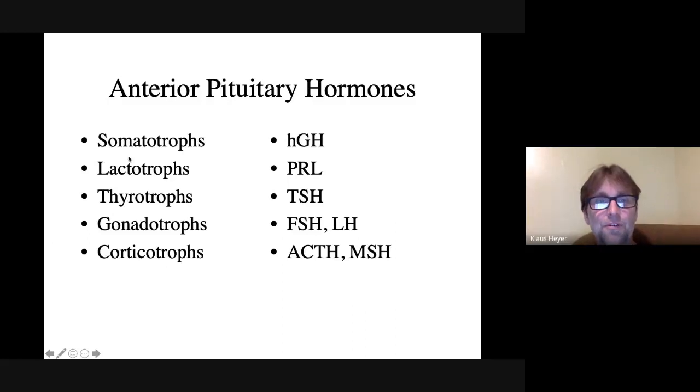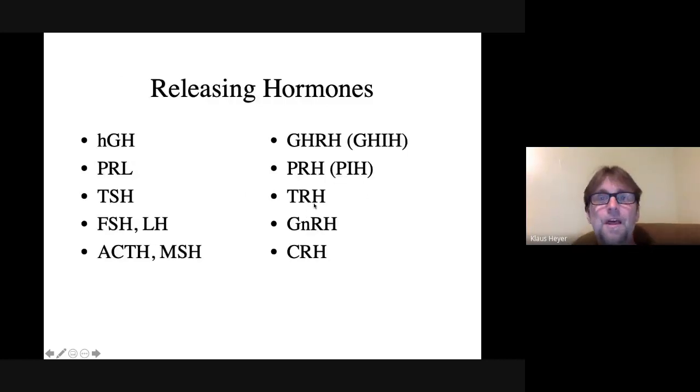These are the cells that make these 7 hormones, but these cells will not make these 7 hormones until these hormones stimulate them. This comes from the hypothalamus, and you see how they all end in RH, releasing hormone.